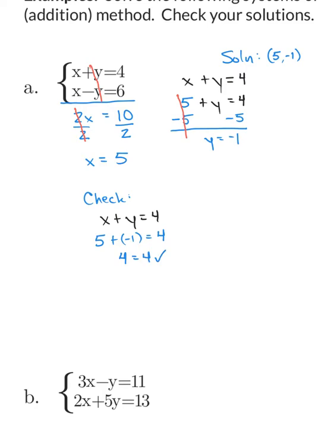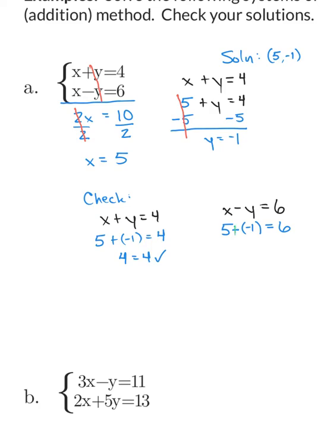Now remember that we do have to check it in the second equation. So in my second equation, I have x minus y equals 6. We plug in 5 for x minus -1 for y, is this equal to 6?